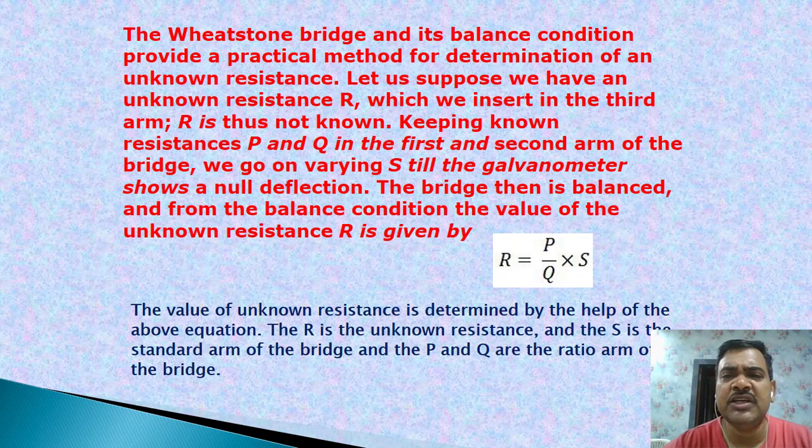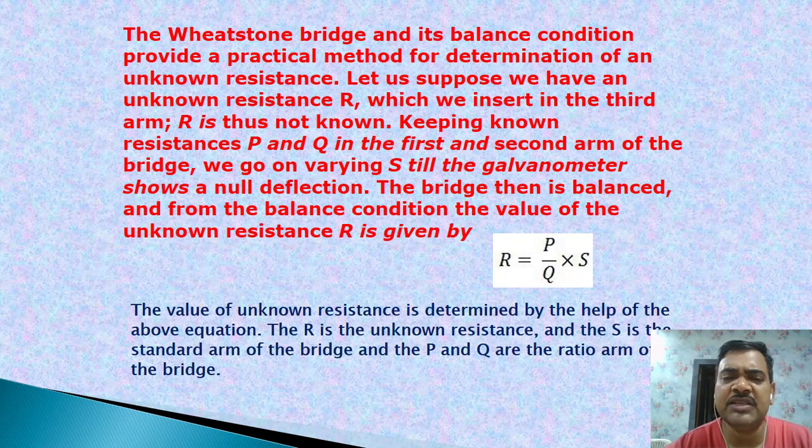The Wheatstone bridge and its balancing condition provide a practical method for determination of an unknown resistance. Let us suppose we have an unknown resistance R, which we insert in the third arm, between A and D. Keeping known resistances P and Q in the first and second arms of the bridge, we go on varying S till the galvanometer shows null deflection.